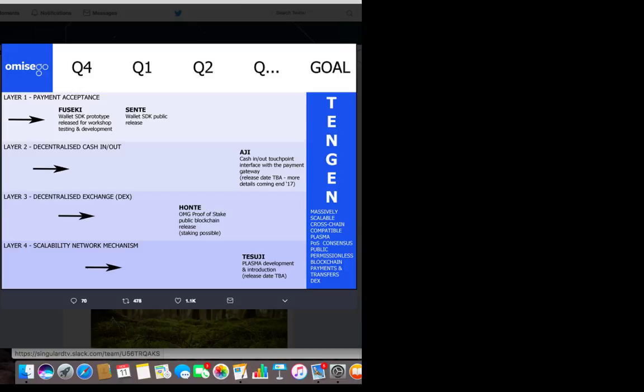How do you get them into crypto with no banking, no exposure to banking services? If Omisego can tie that solution into their product in terms of creating this cash in, cash out touchpoint interface and what that actually looks like, that is going to be very, very bullish for Omisego.